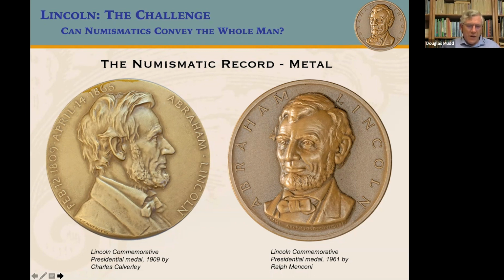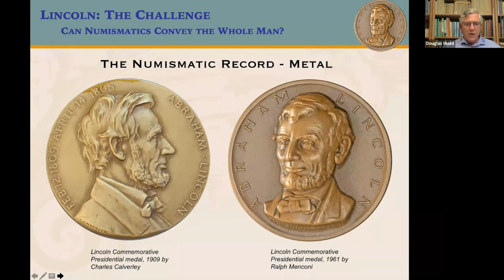So here we have the Lincoln, at the left, we have the Lincoln Commemorative Presidential Medal, produced in 1909 by Charles Calverley. Now this image is very accurate as far as the surviving photographs and paintings show.